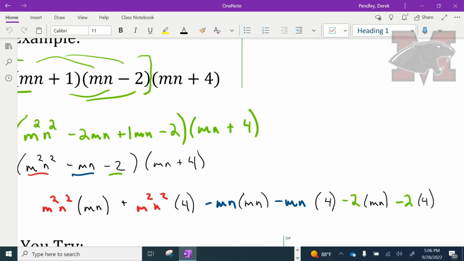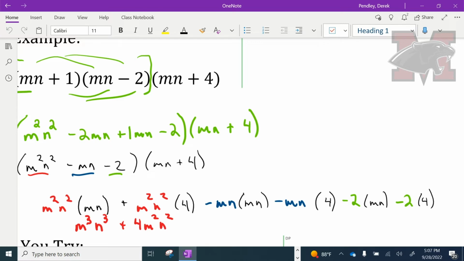So m squared times m gets me m cubed. So I have m cubed. And then n squared times n gets me n cubed. Then I have a plus 4m squared n squared. And then a negative times a positive is going to give me a negative.